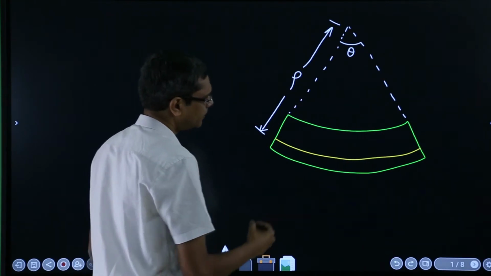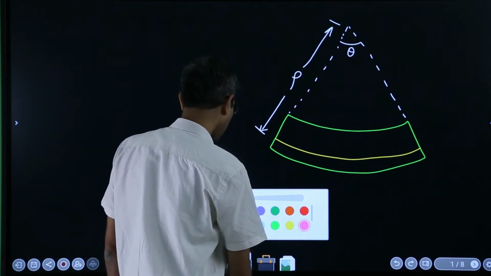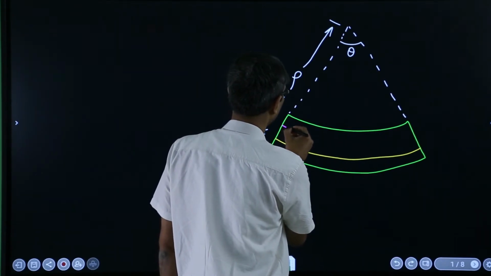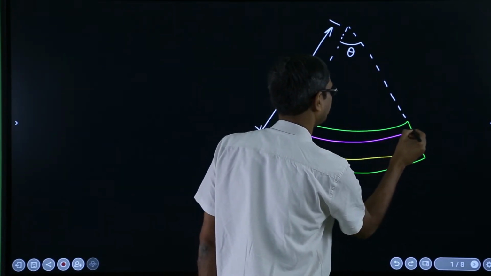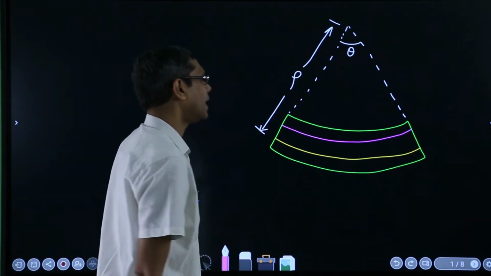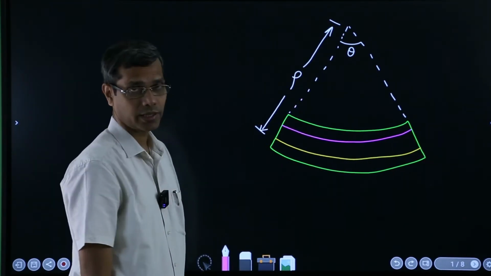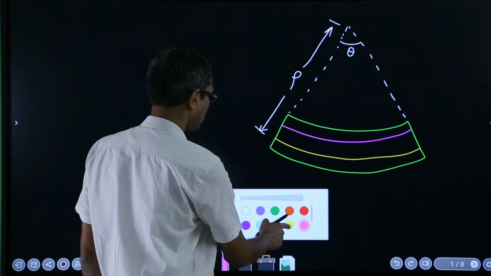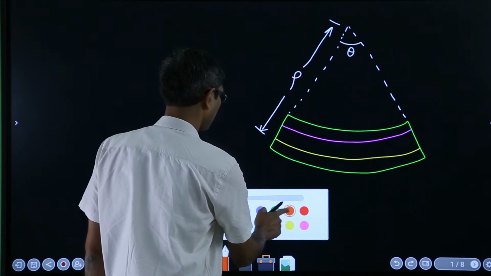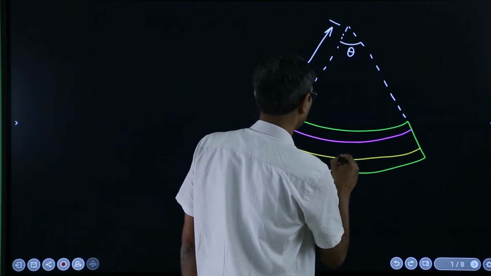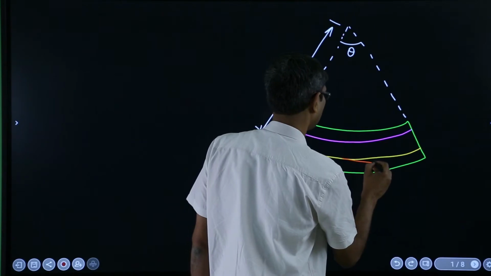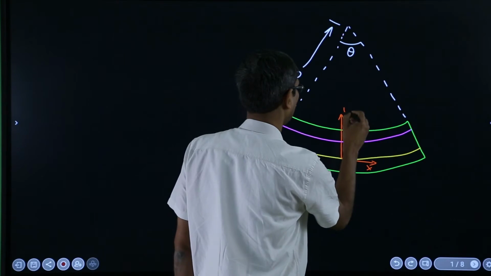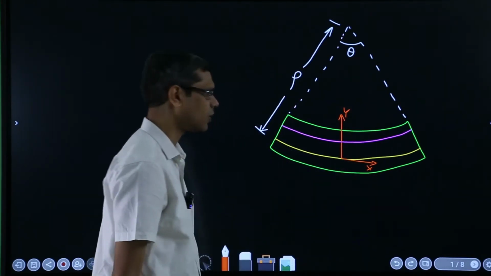Now let us consider another fiber, somewhere here, and we will define a coordinate system whose origin is at this location, for example here, like this: x, y, and the z axis is coming out.